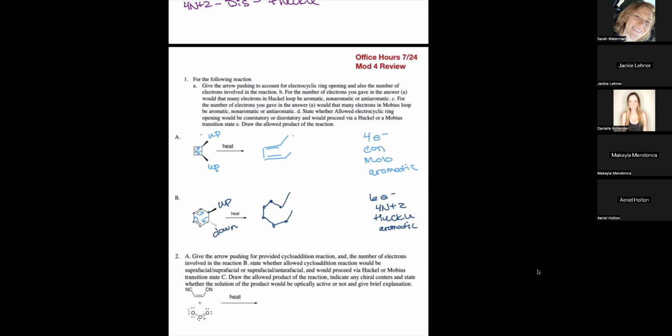Oh, we didn't identify the direction. We said 4N plus 2, but 4N plus 2 means what? Conrotatory or disrotatory? Disrotatory, exactly. So disrotatory means they move in opposite directions. If you have one up and one down, you have one moving clockwise, one moving counterclockwise. So you have one on each side.